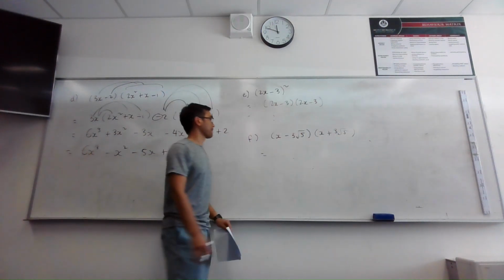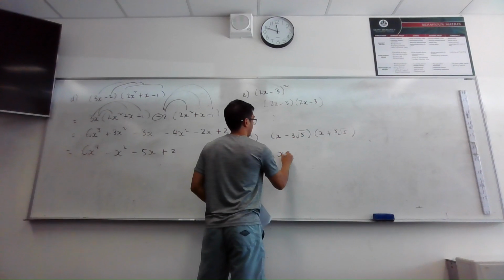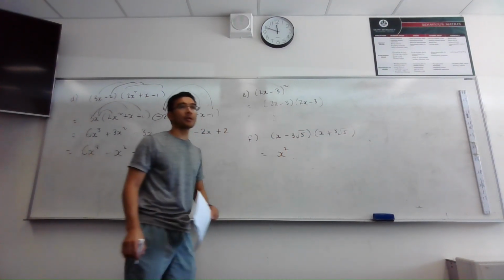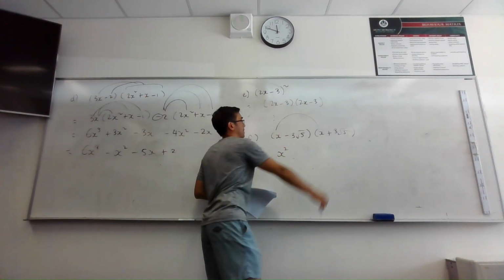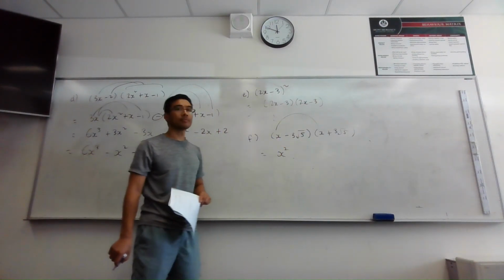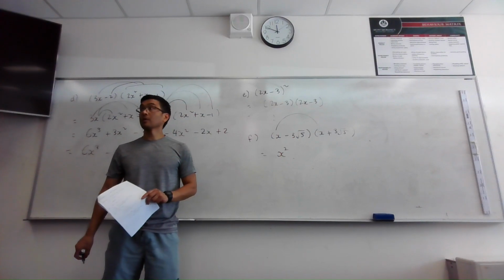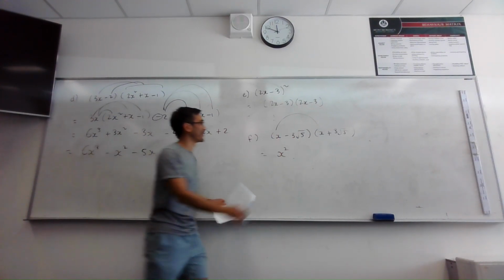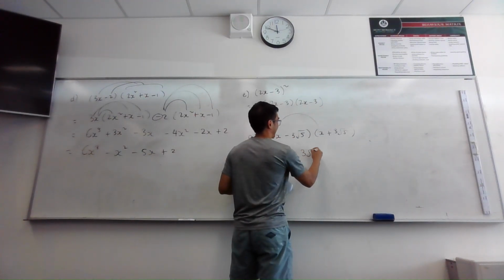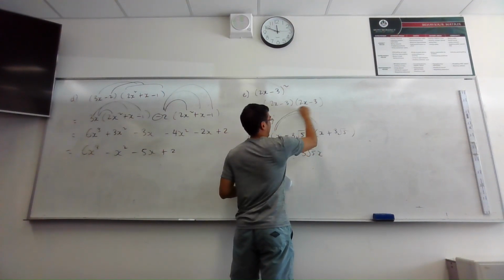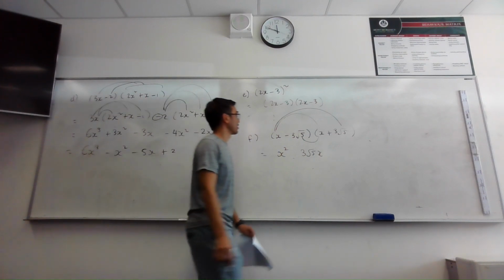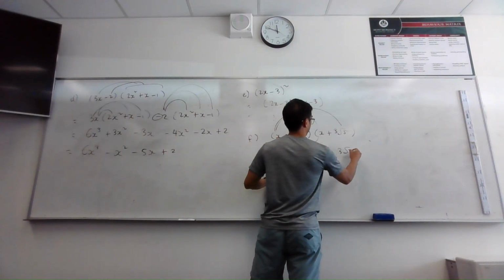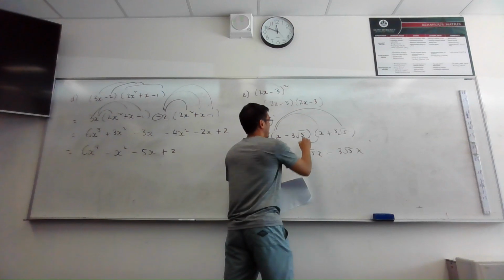Okay, second term. Is this the last example? No. 3 root 5x on the outside. Now let's do the inside. Good. And the last.